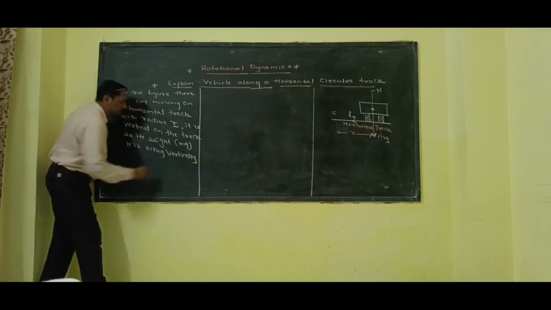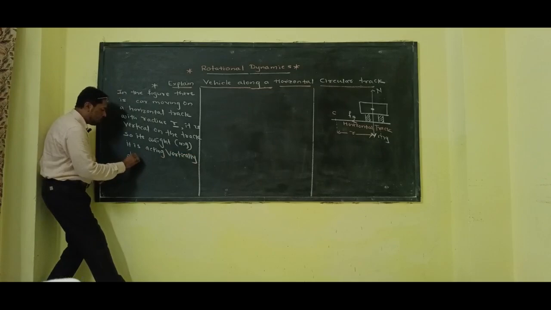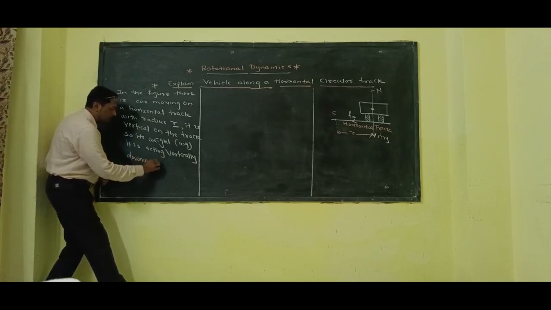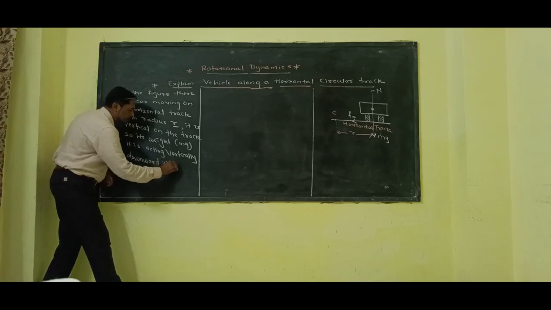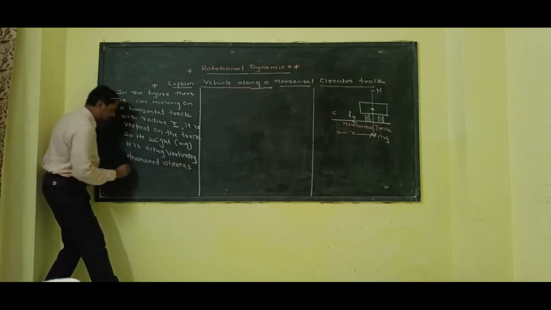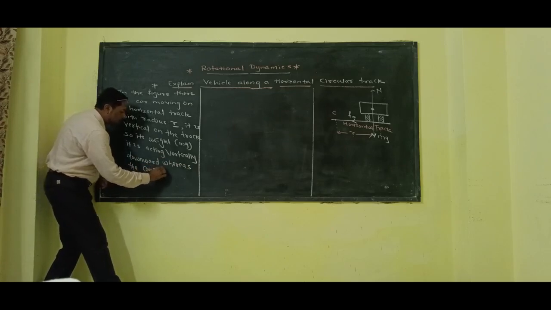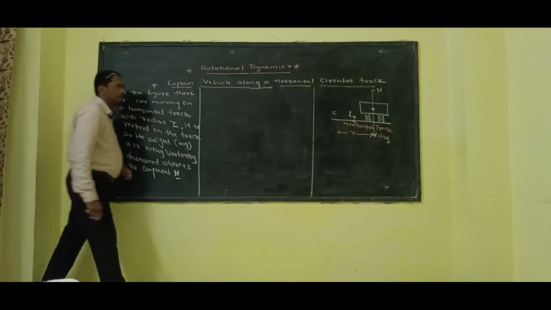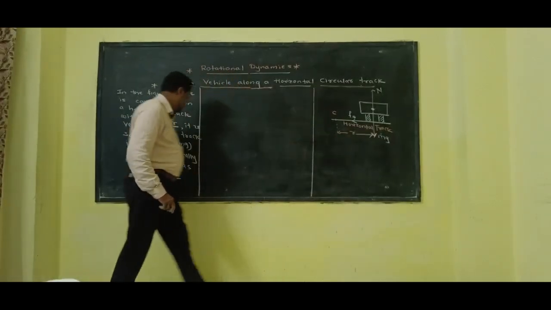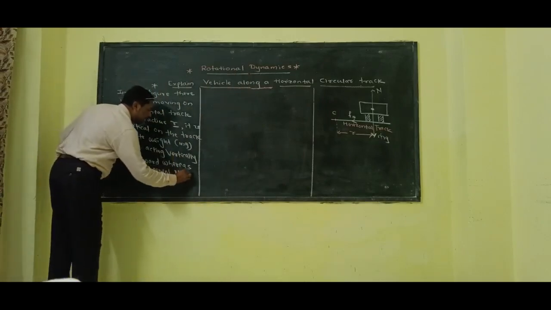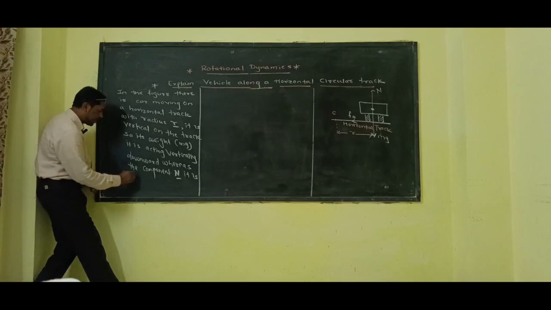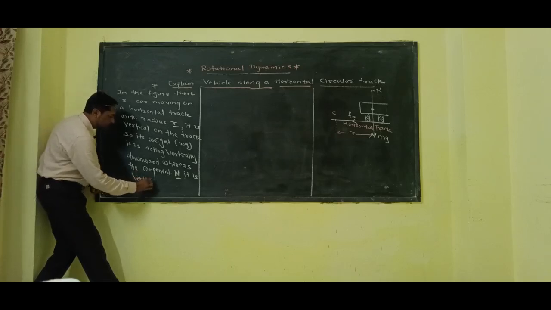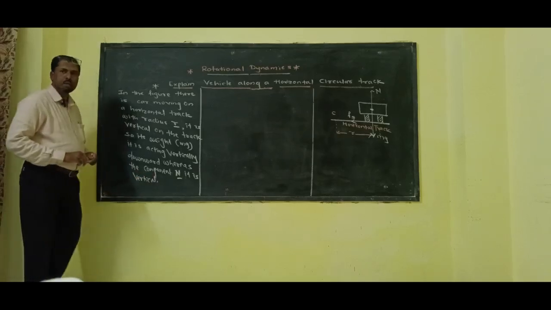The weight mg is acting vertically downward, whereas the component N is vertical.